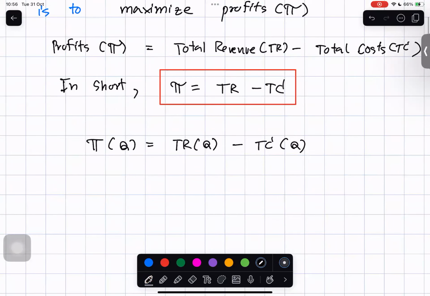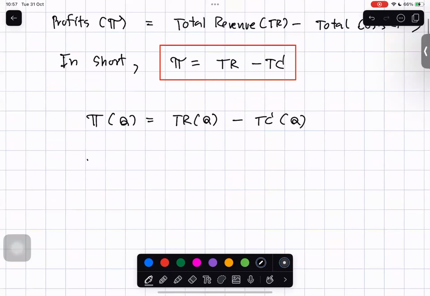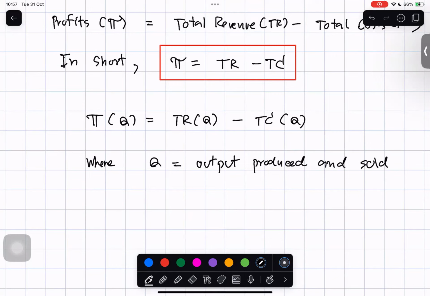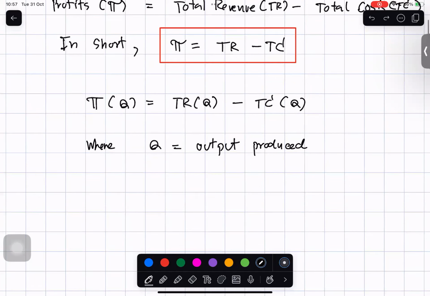Next, now we learn that Q is the output, where Q is the output or quantity of products that the firm produces. Then profit depends on how many outputs the firm produces and sells.